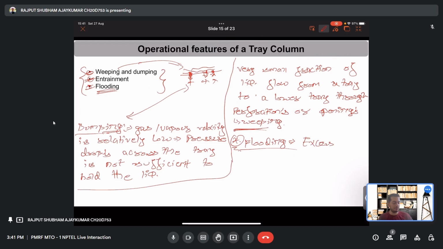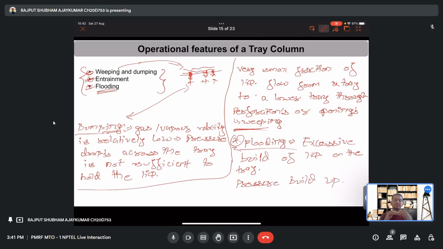Excessive buildup of liquid on a tray, which results in pressure buildup.